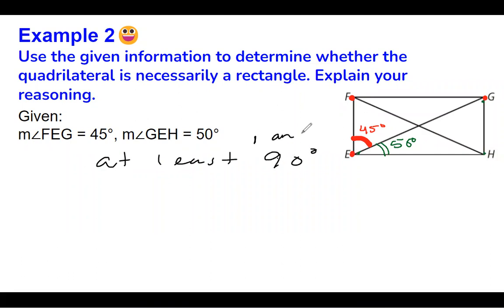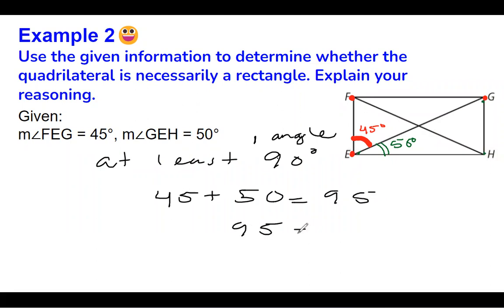Now here in this case, we have these two angles. Whenever we add them up, what is their sum? 45 plus 50, 95. Does 95 equal 90 degrees? No, so therefore not a rectangle.